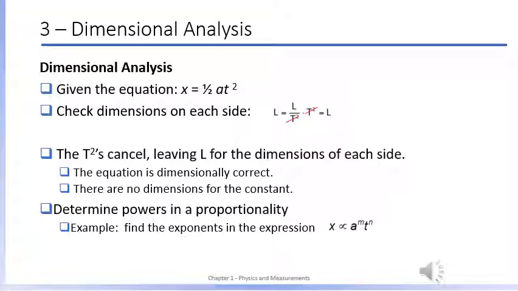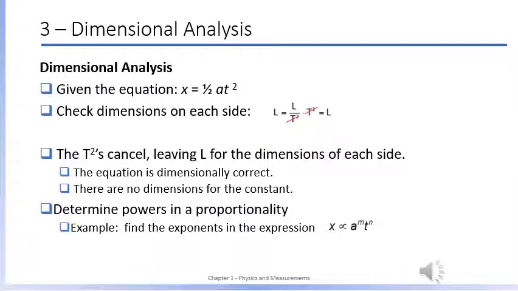And t is time, so it's T squared. So T squared cancels, leaving L for the dimension of each side. So we have L equals L. This equation is correct. There is no dimension for the constant, so we don't give any dimension for the constant half. So we now know that the equation x equals half a t squared is correct.